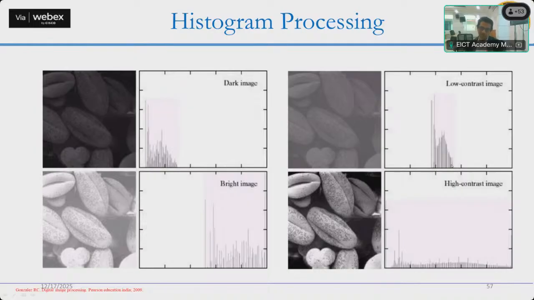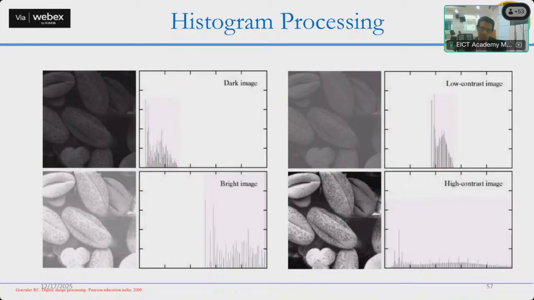So what a beautiful thing: if I keep my histogram values in the leftmost part, it is the dark image. For the same values, if I take them towards the right, it becomes the bright image. And if I keep them in the middle part, it becomes the low contrast image.